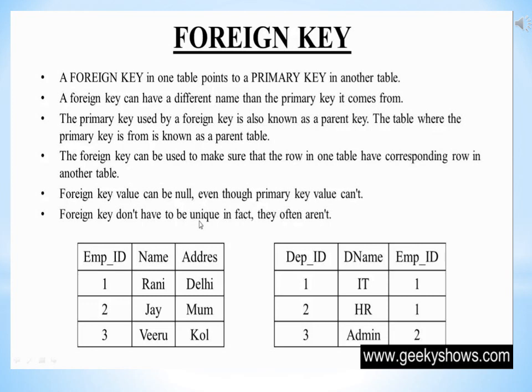There is a condition that the employee may register for the departments which are currently available in the company or not. So the employee ID, names and address are in one table, and department ID, department names and employee ID are there. So employee ID belongs to the department's table.